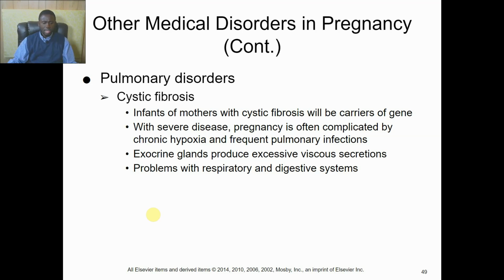Also, exocrine glands, which may produce excessive viscous secretions in the throat, can impair breathing, and there may be problems with respirations as well as digestion in the patient that has cystic fibrosis.